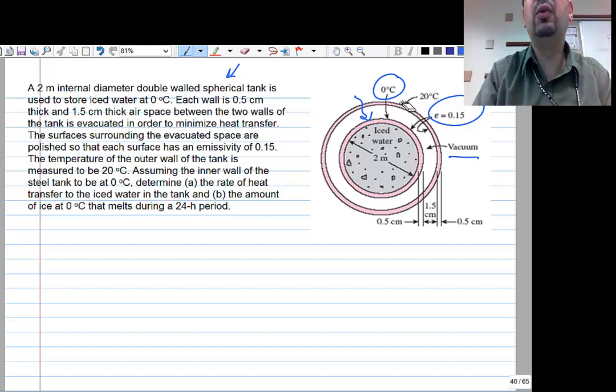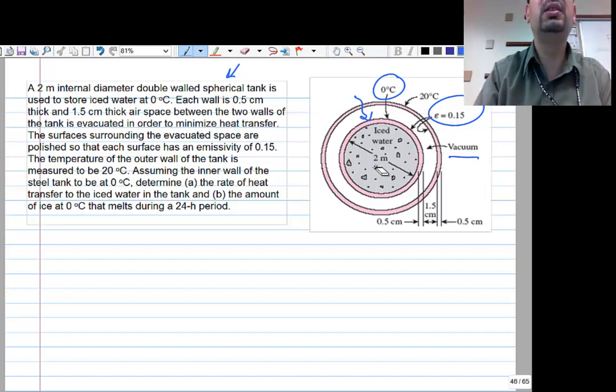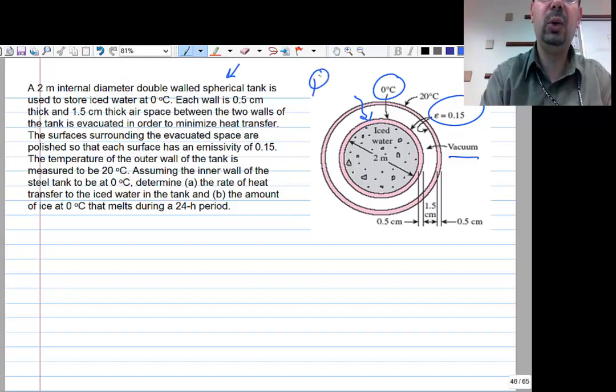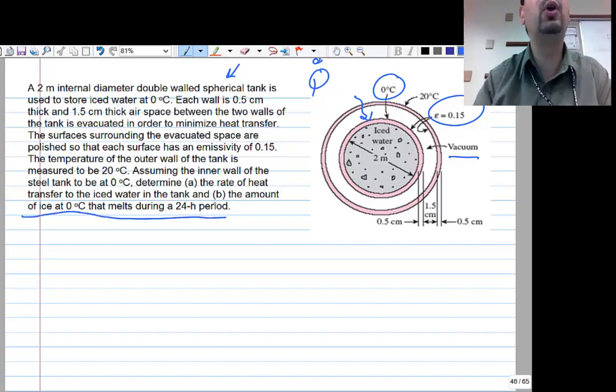And he gave us the temperature of the outside tank wall is 20, and inside is 0. And he said determine the rate of heat transfer to the ice water in the tank. He would like Q dot, how much Q dot will leak. And because of that Q, then how much ice will melt during 24 hours.